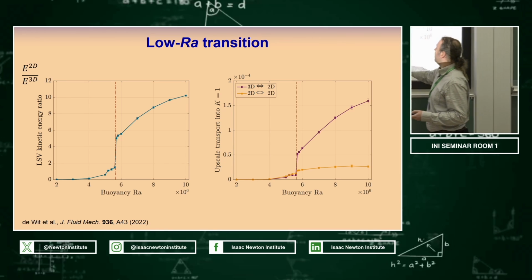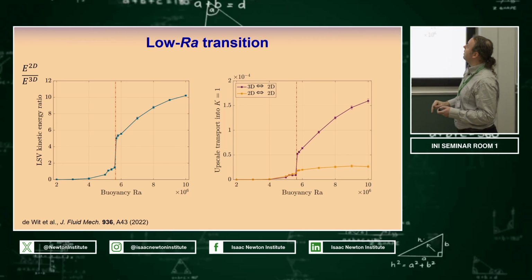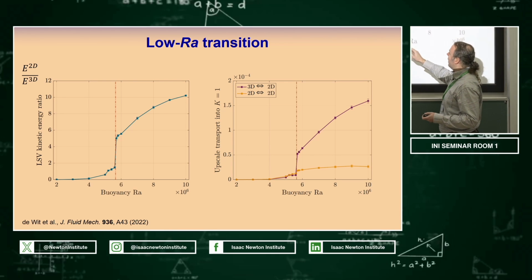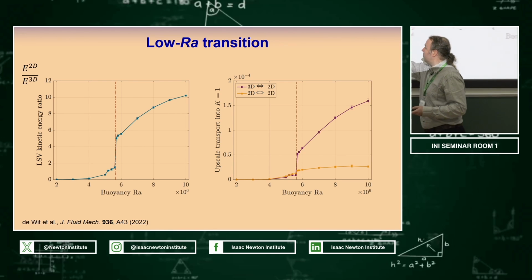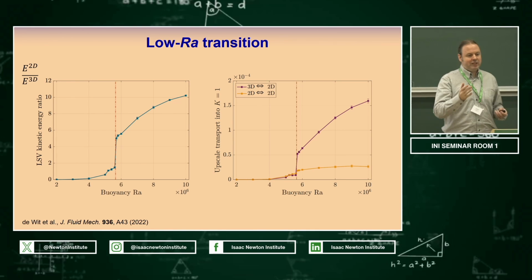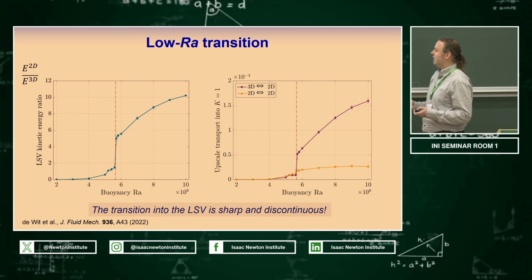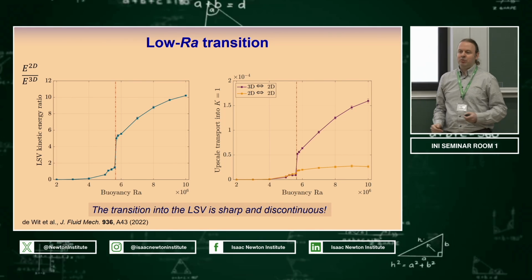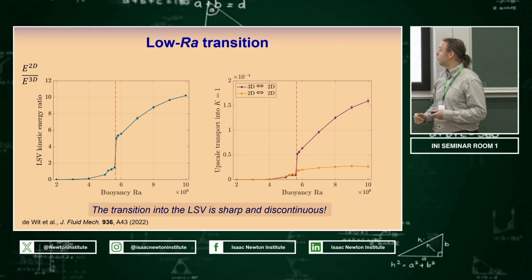The big jump is also present in this upscale transport into the K equals 1 mode, and of course, exactly at the same position. So this big jump would again indicate that this is probably a sharp, possibly discontinuous jump into this large-scale vortex formation.